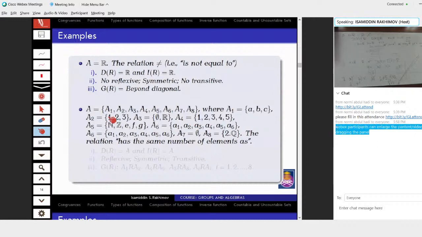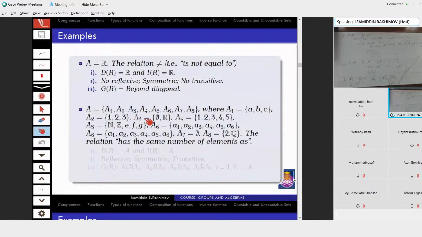A1 is ABC, A2 is 1, 2, 3, A3 is empty, A4 is 1, 2, 3, 4, 5, A5 is natural numbers, integers, E, F, G. A7 is empty and A8 is 2 and the Q. So please ignore this because it is repeated.